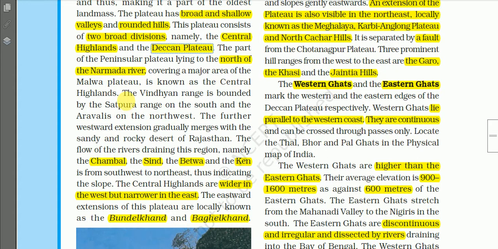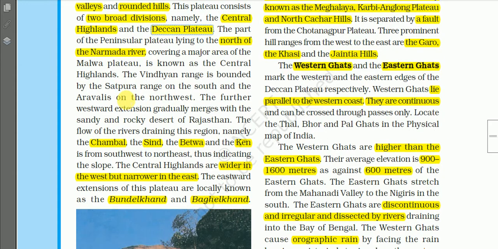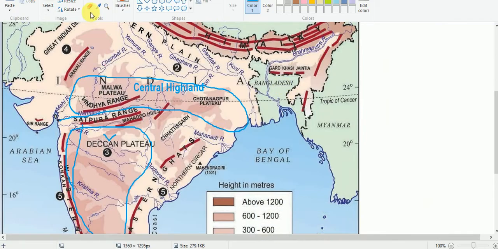After that, you must know that the Central Highland, let us come to the map. The Central Highland is again divided into three divisions here in this way.